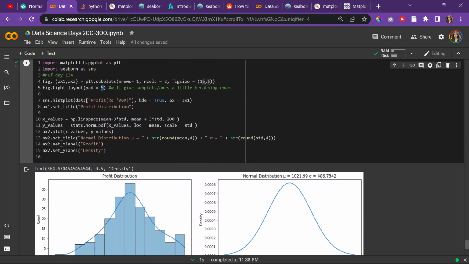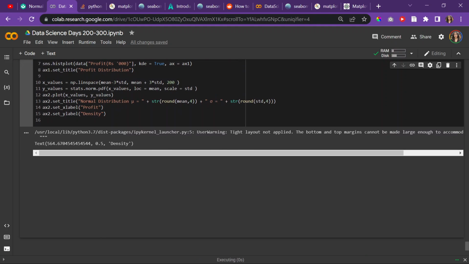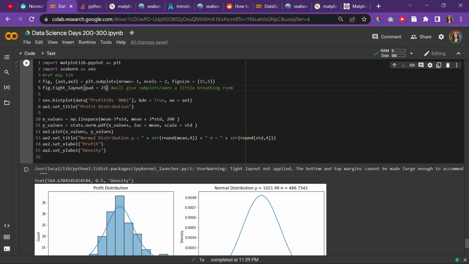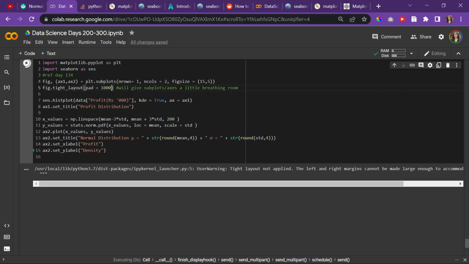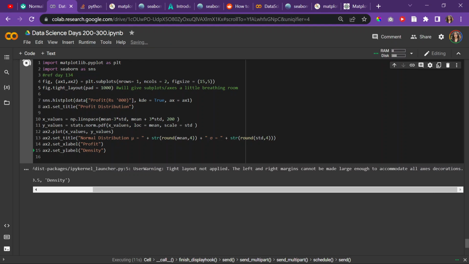If I do a padding of, let's do something normal, like 25, it's going to be very spaced. Whoa. What if I do like 1,000? Margins cannot be made large enough. Interesting. So the padding is relative to the figure size.